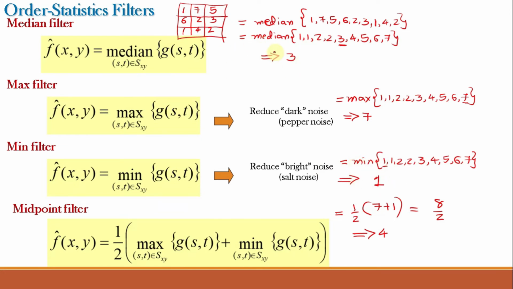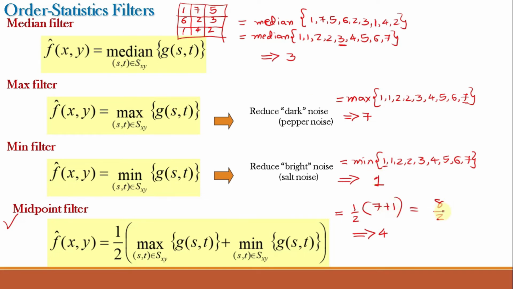The median filter is used for removing both salt and pepper noise. The maximum filter is used for removing the pepper noise. The minimum filter is used for removing the bright noise. And one other filter is also there, which is known as the midpoint filter. Here the equation is f cap of xy equal to 1 by 2 of max of g of st plus minimum of g of st. So 1 by 2 of the maximum value, which is 7, so we will take 7 over here, plus the minimum value, which is 1, we will take 1 over here.